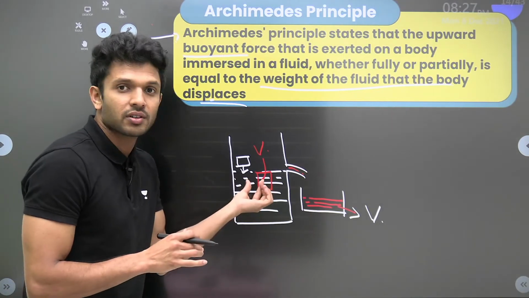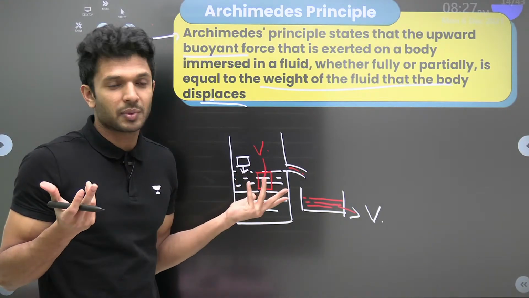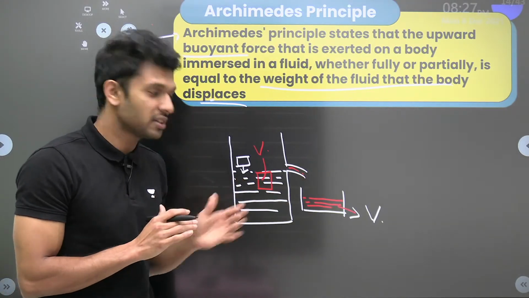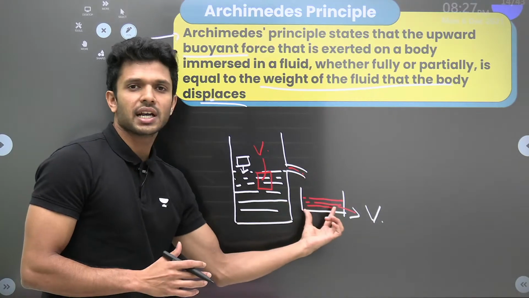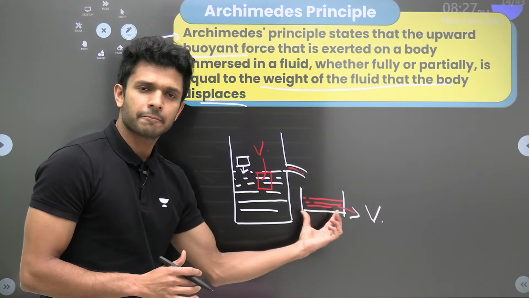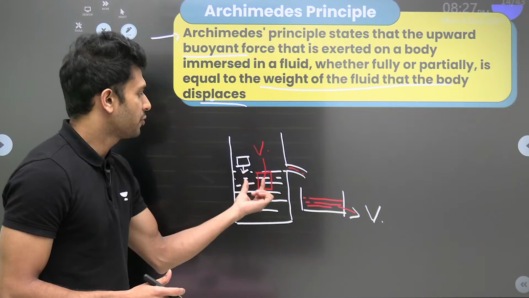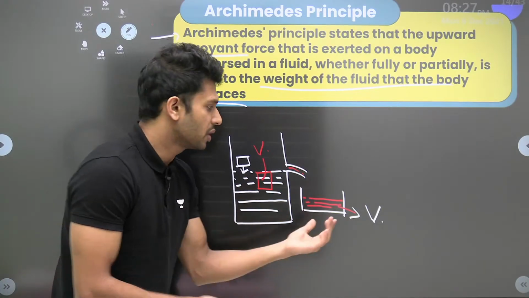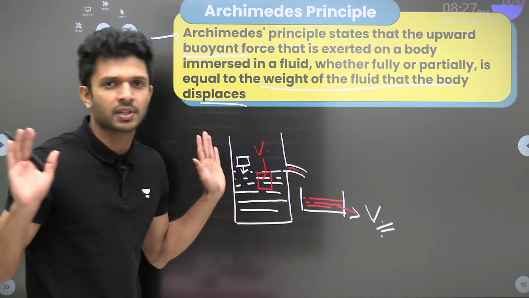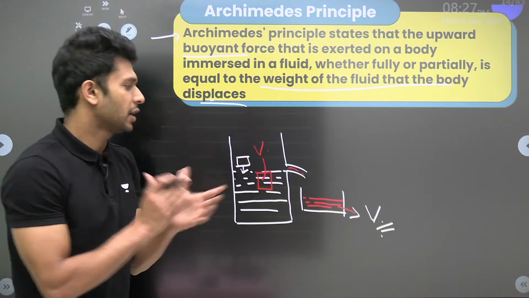Now the liquid doesn't have space, so it has to flow out. While it flows out, it is being collected in the small beaker. And obviously, the volume of this particular cube and the volume of the water that has gone out will be the same. Any doubt? No? Okay.